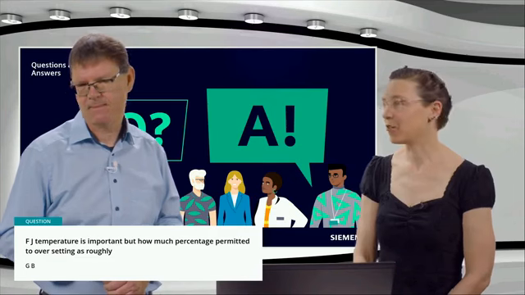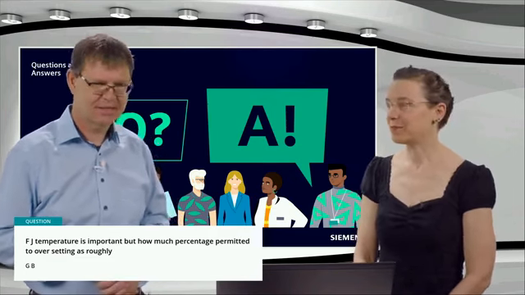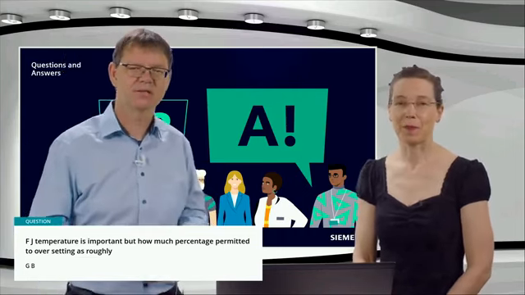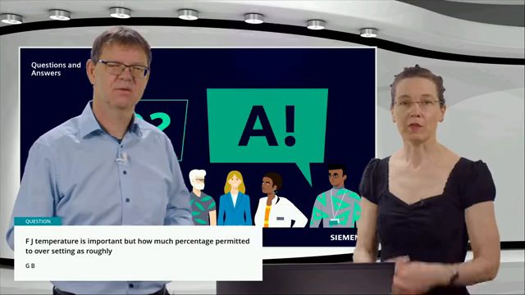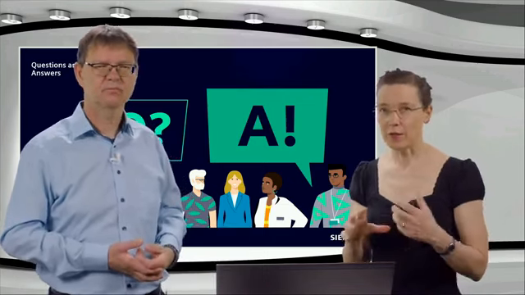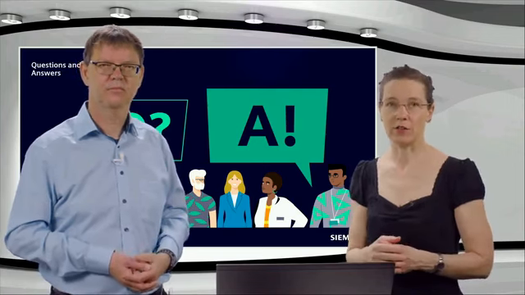But I guess that's already dependent on the type of the motor, right? We should ask the question again in detail so that I can understand. I don't understand the question at the moment. If you want an answer to this question, please try to make it a bit clearer to us here in the studio.